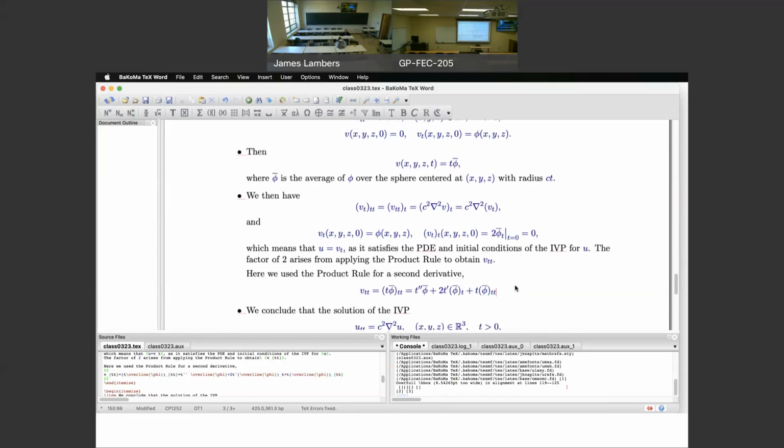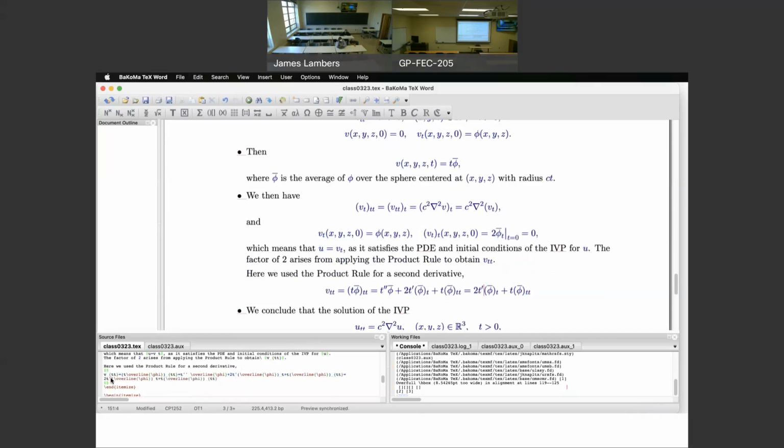Okay. Now if I want to simplify this, well, the second derivative of t is 0. The first derivative of t is 1. So when I go to simplify this, I can take that into account.